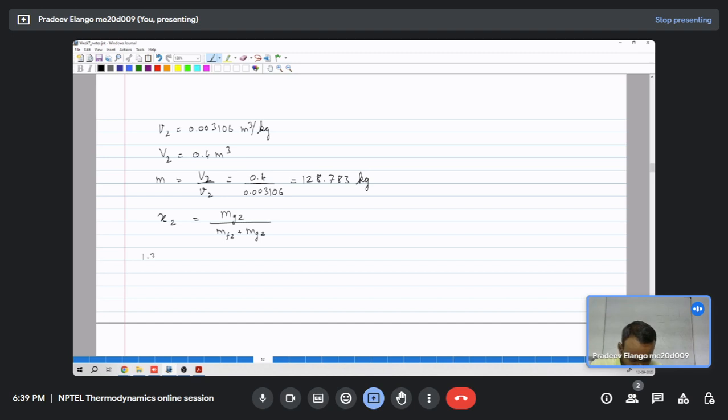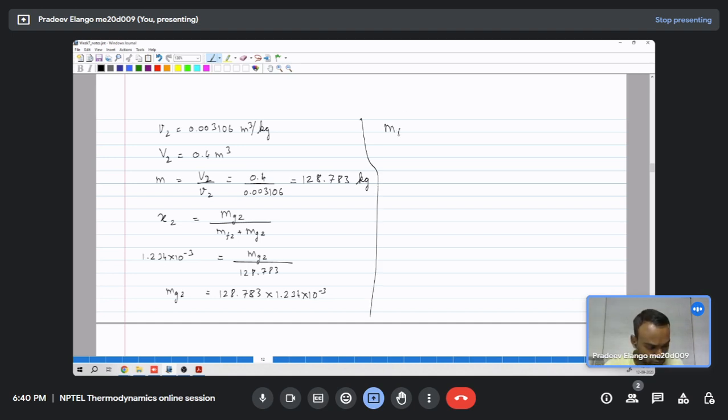Left hand side is 1.234 into 10 power minus 3 is equal to mg, which is what we have to calculate, divided by 128.783. So now mg can be written as 128.783 into 1.234 into 10 power minus 3.